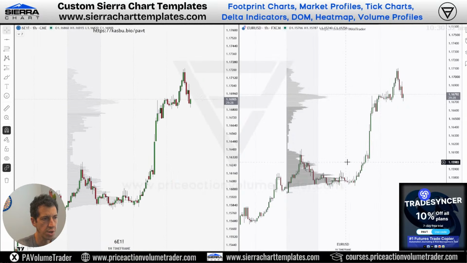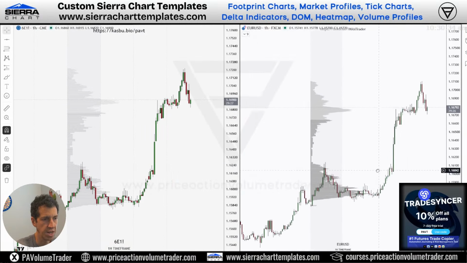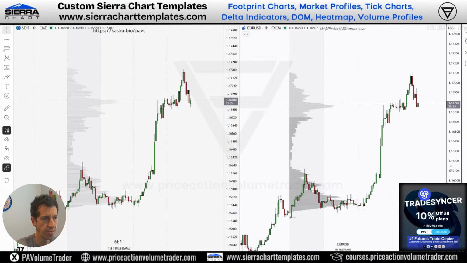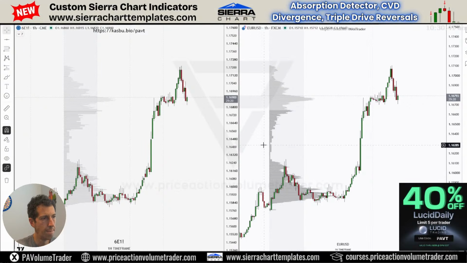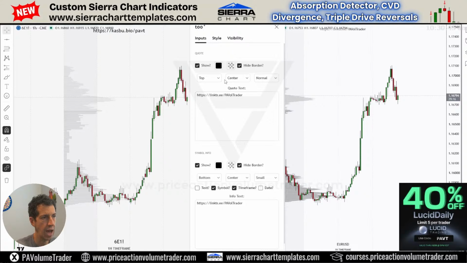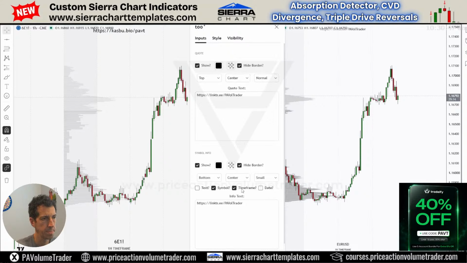So you could use order flow tools in Sierra Chart or another platform to trade currency futures. But yeah, the volumes, I've heard, are pretty low.